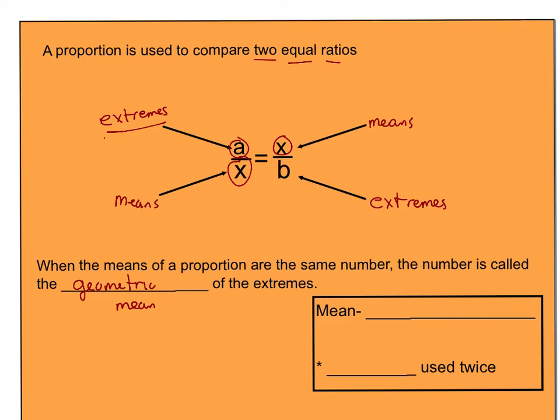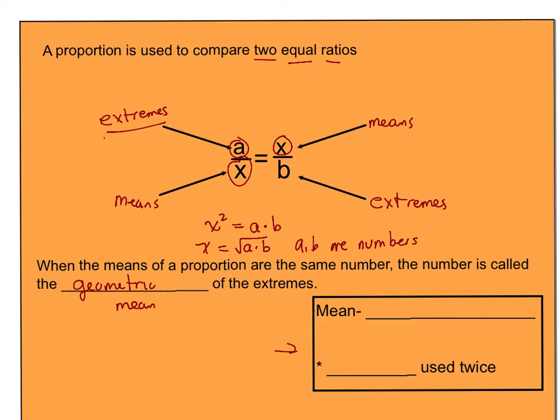You can ignore this box down here for right now. Essentially what this means is that algebraically I would take x squared, which is a times b. So to solve, x is just going to be the square root of a times b, where a and b are numbers, and most of the time they'll be integers.